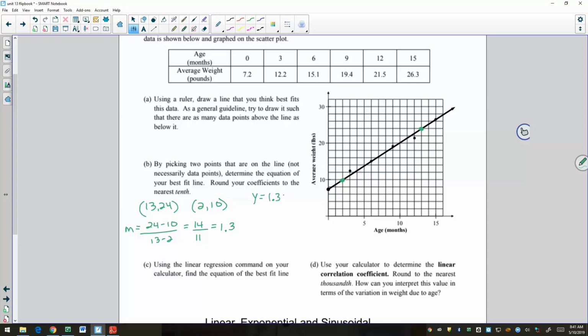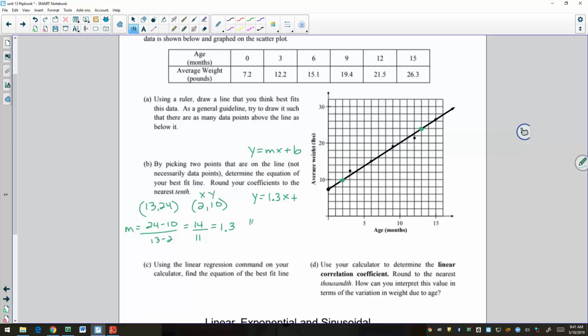So in my equation of my line, I know it's going to start off as y equals 1.3x. And then it's definitely going to be a positive y-intercept, so I can put a plus sign. And then to find the y-intercept, you simply pick one of your points, plug those numbers in for x and y, and solve for the missing y-intercept, which we call b. If you forgot the equation of a line, the general form looks like y equals mx plus b. So I'm going to use 2 and 10 to plug in for x and y.